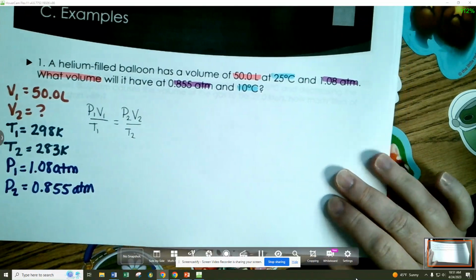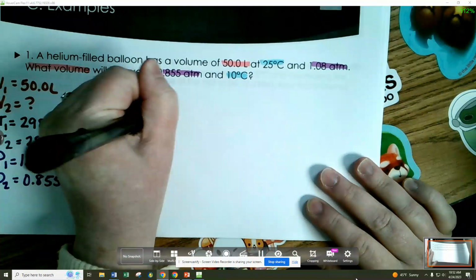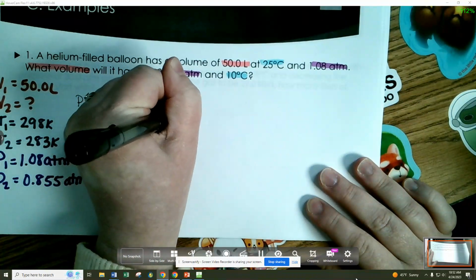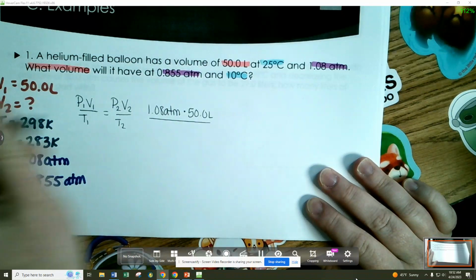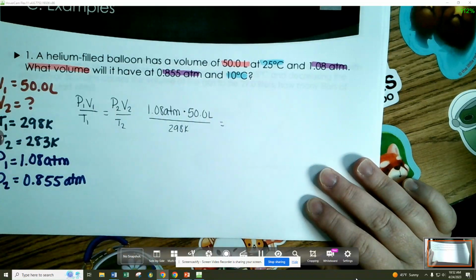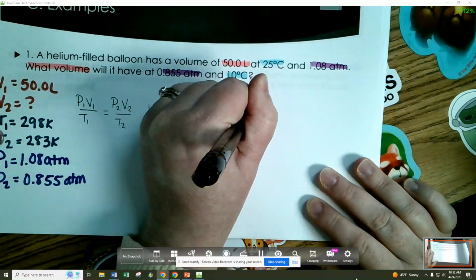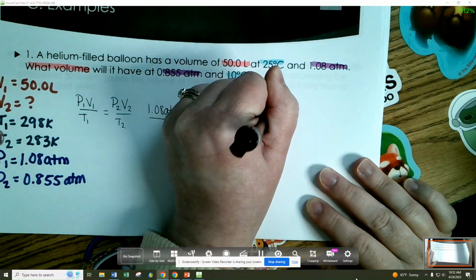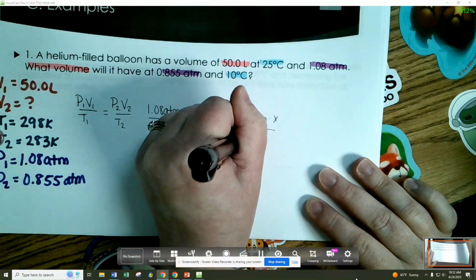I'm going to go ahead and start plugging in. And working on my second side, I have my 0.855 times my x all over the temperature of 283.